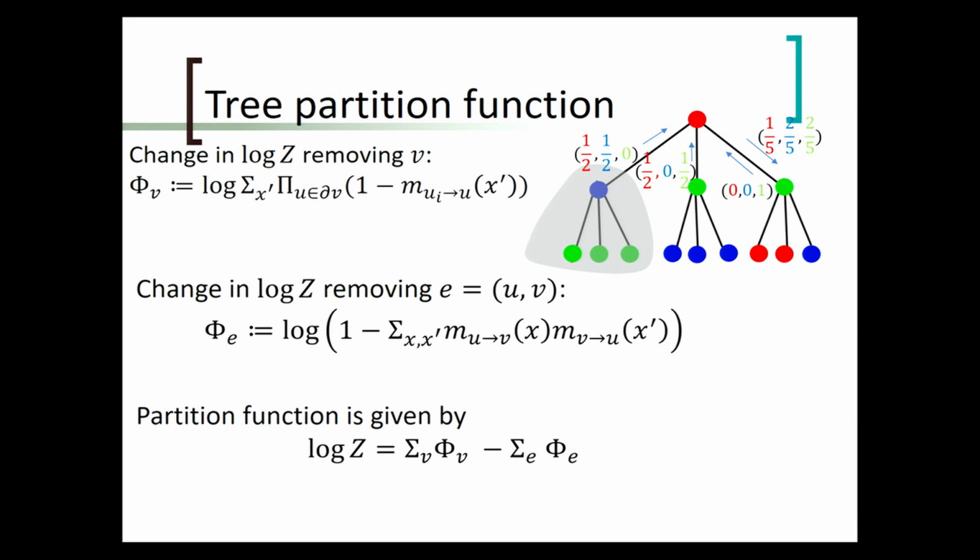Okay. So if you do belief propagation on the tree, you also have a simple formula for the partition function of the tree as well. And it's in terms of very local quantities. It's just in terms of the messages either incoming into the vertex or, for edges, the two messages along the edge. Okay. So what's useful about having these belief propagation equations?